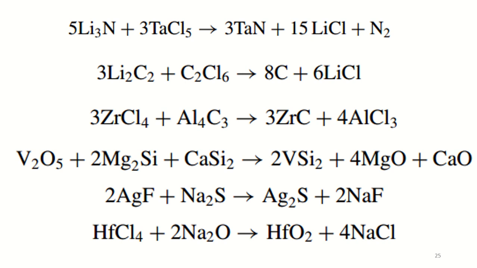In closely related SSM reactions, the reactants are chosen such that one of the products has a very high lattice energy, and its formation provides the driving force for the reaction. An example is Li3N and TaCl5, which produce TaN, lithium chloride and nitrogen gas.